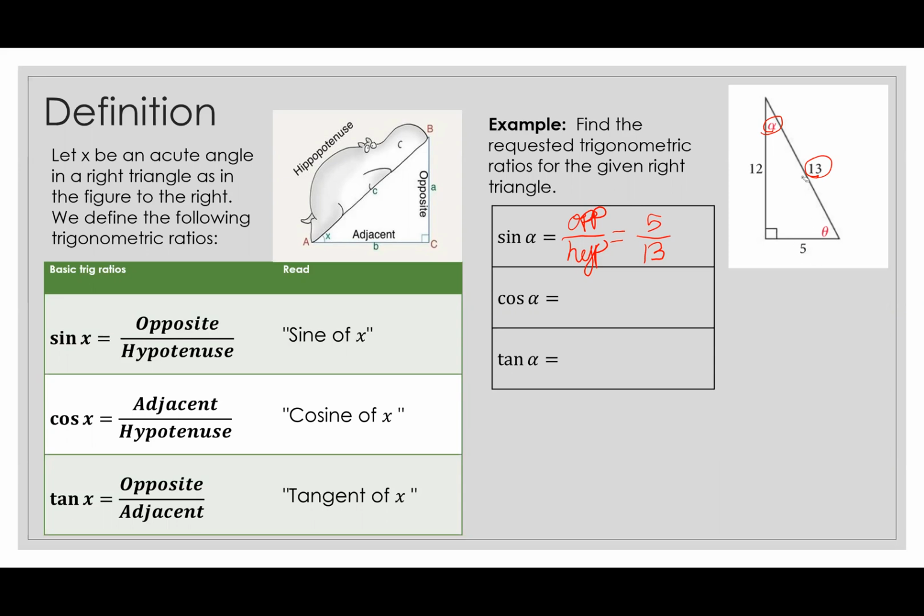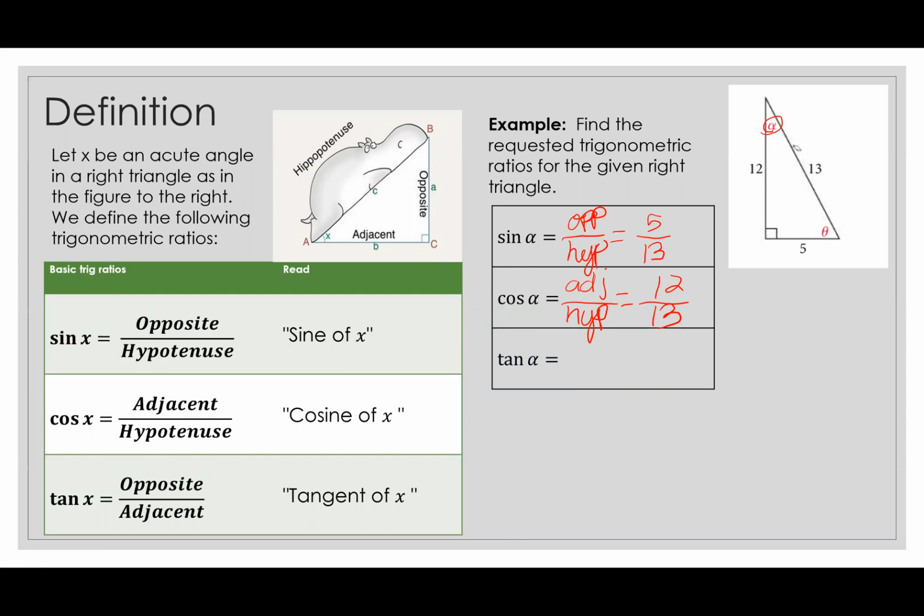And then cosine of alpha, we define that as adjacent over hypotenuse. So in this case, it would be 12 over 13, which is almost 1, right? Because 13 over 13 is 1.